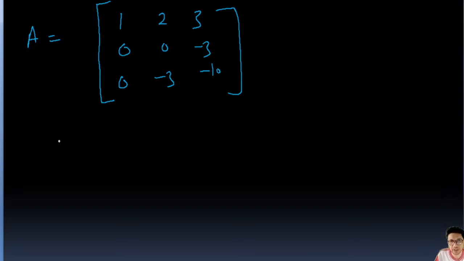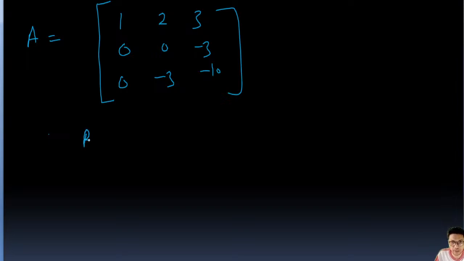So what we can do is, this is also a very important property, guys. If we exchange rows or columns, that is not going to affect the rank of the matrix. This is the property you should know.